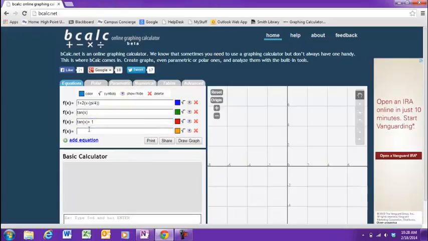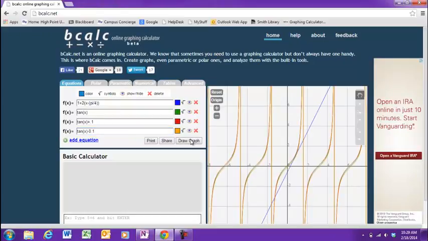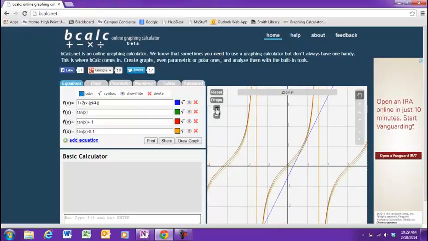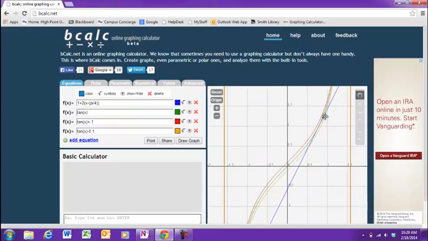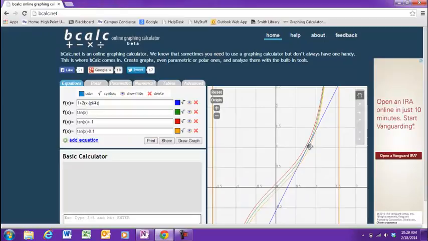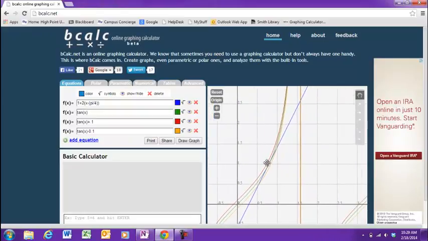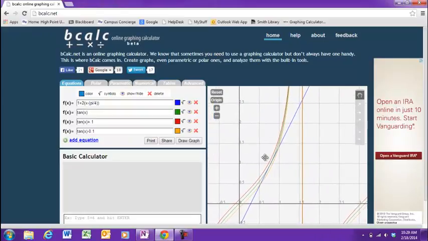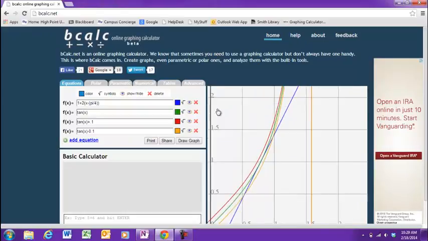And I'm going to add one more equation, tangent of x minus 0.1. And that graphs all of them. All I'm really interested in, though, is this area right here close to that spot. So I'm going to zoom in a little bit. Drag this over toward the middle. And maybe zoom in one more time.